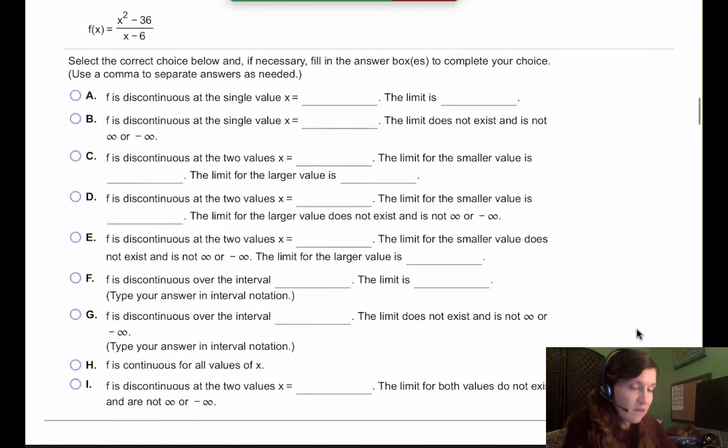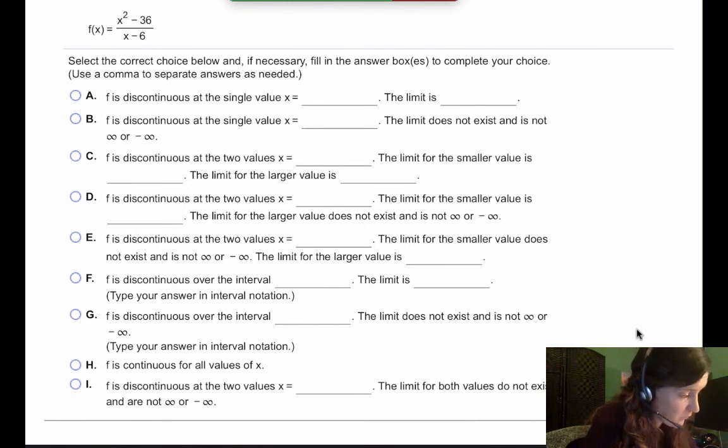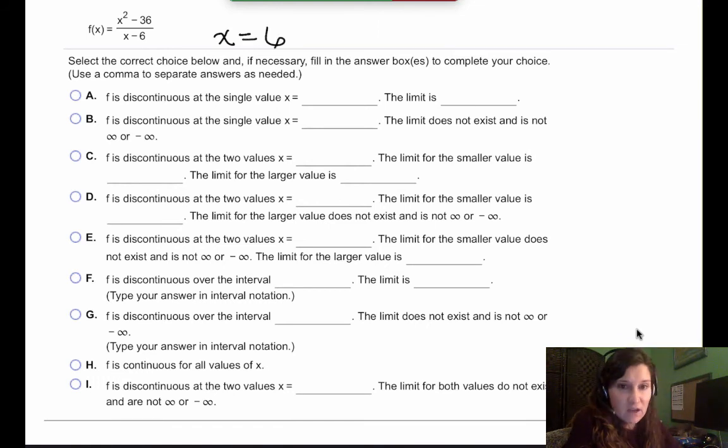And then compare that with something like this, which is very similar to the other function that we tried to simplify in section 3.1. This one, there's going to be a point of discontinuity at 6. We just don't know what kind. What makes this different from the other one is that it actually cancels.